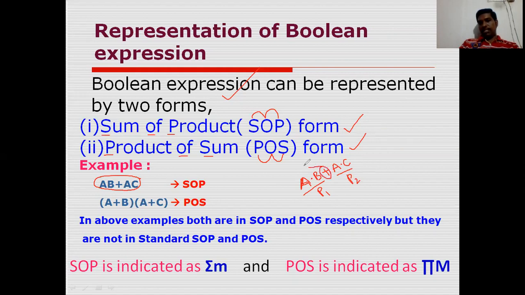Plus is nothing but addition. It is sum. When you are adding two numbers, you will get the answer as sum. Therefore, we are doing sum of two product terms. That's why it is in the format of sum of product terms. So this is an example for SOP.